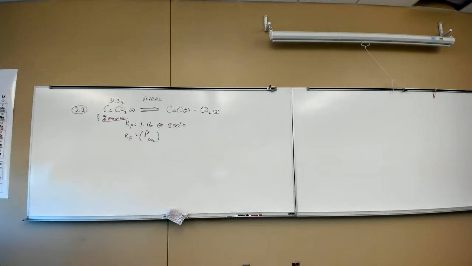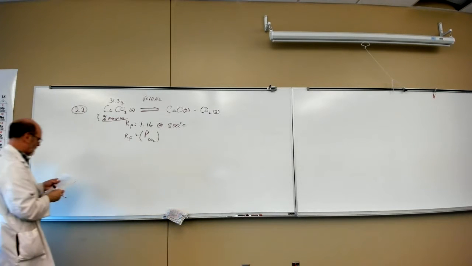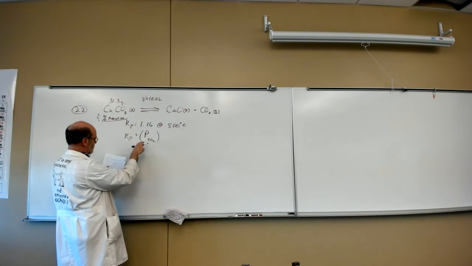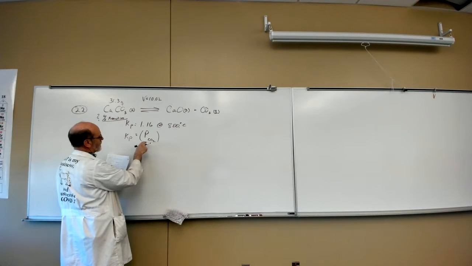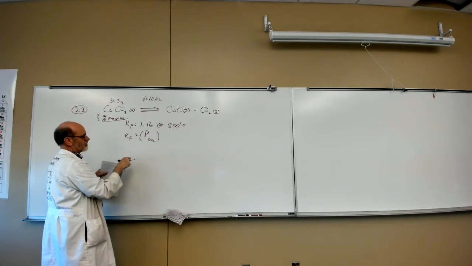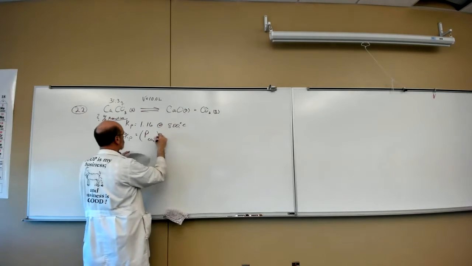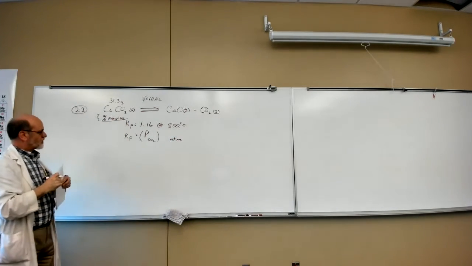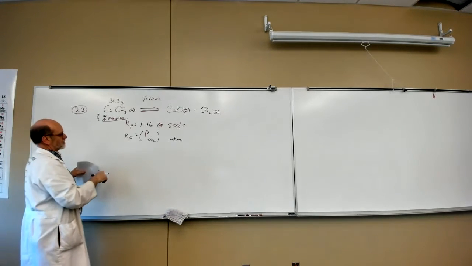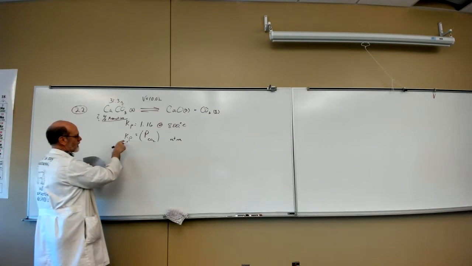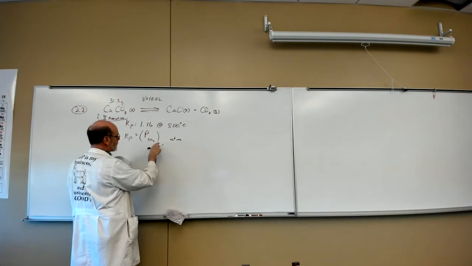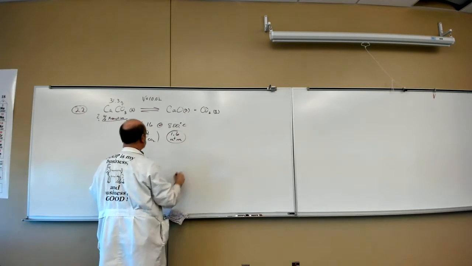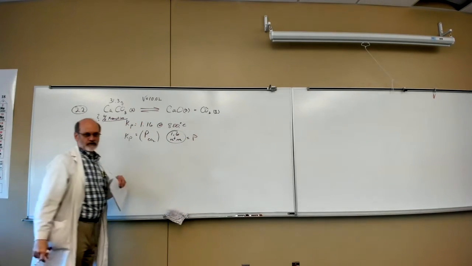You have to assume that the partial pressure is in atmospheres. So at equilibrium, in that enclosed vessel, the partial pressure of CO2 is going to be 1.6 atmospheres. That's equal to your pressure value.